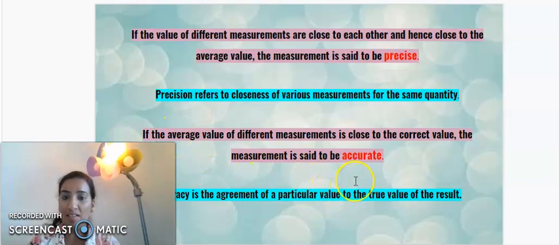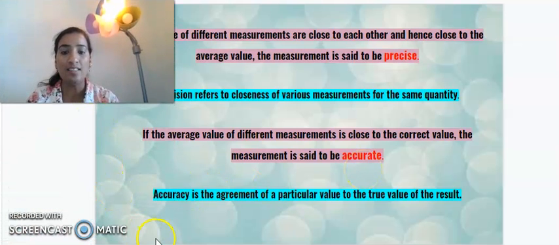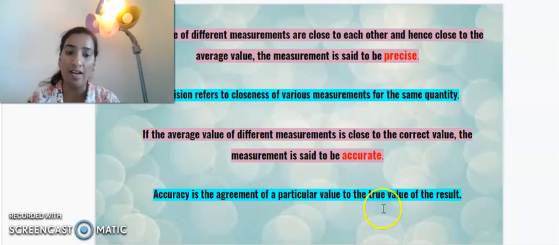Whereas accuracy means there is a true value, a real value, and we are doing the experiment and getting values which are the same or close to the true value, the correct value or the exact value. Then we say the measurement is accurate. Accuracy is the agreement of a particular value to the true value of the result.